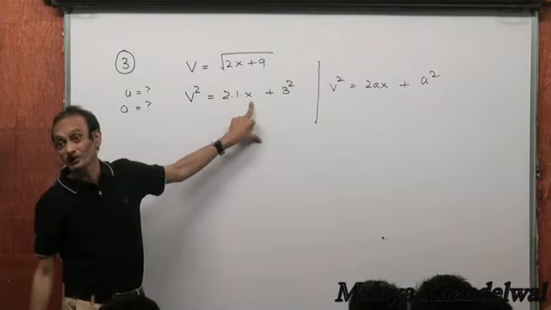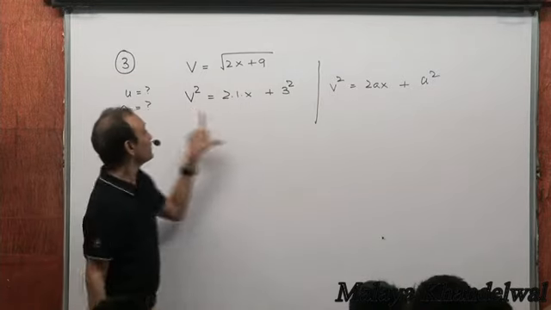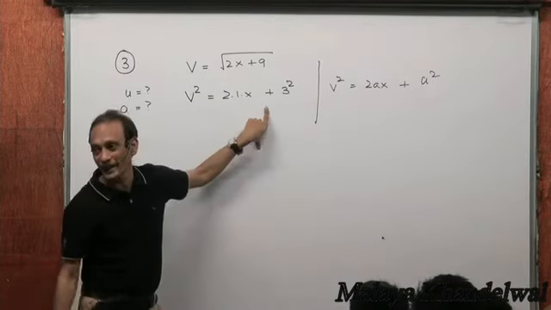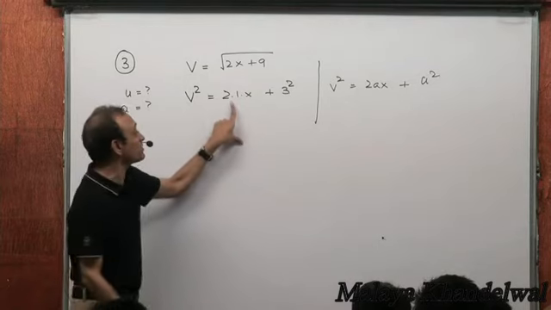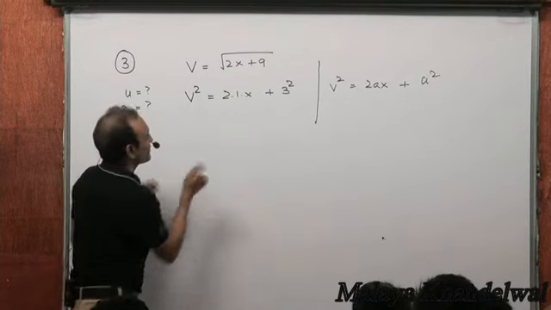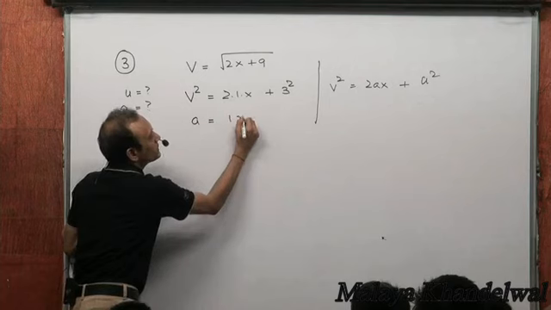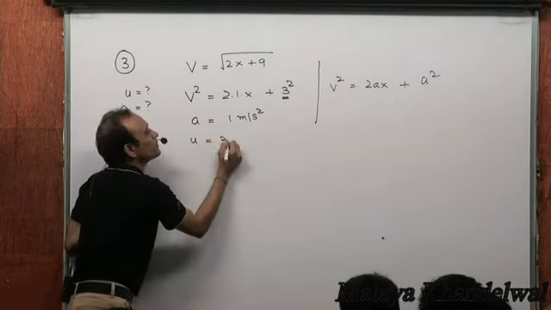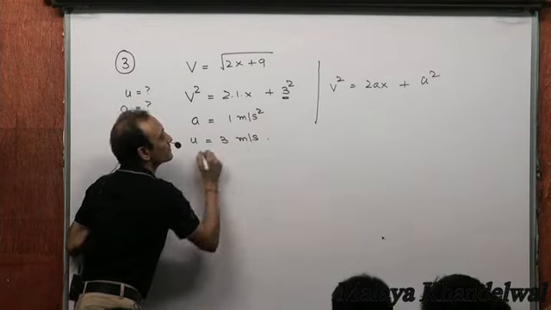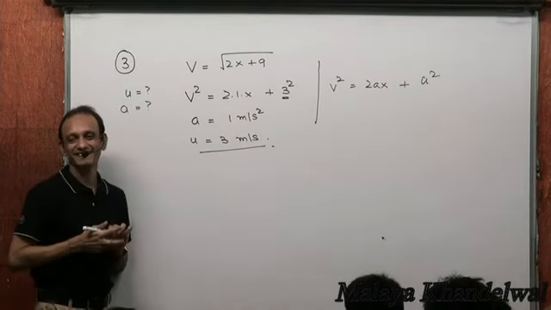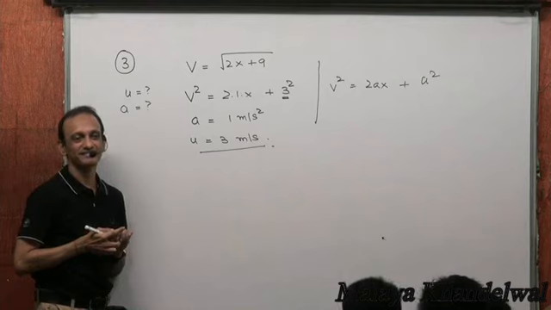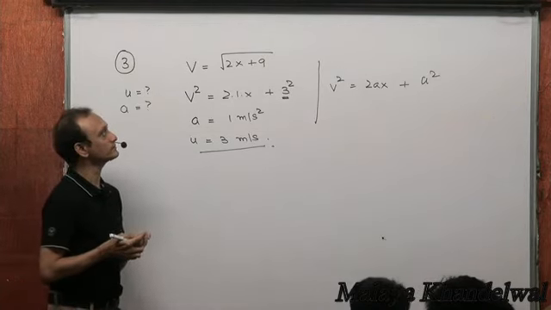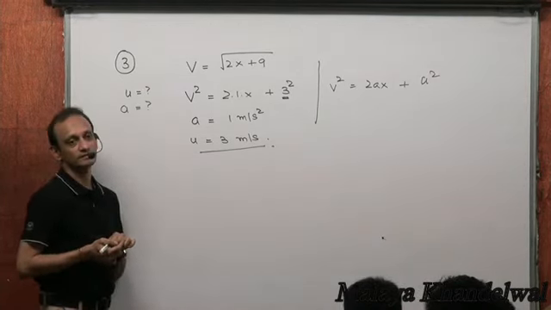It must be a case of constant acceleration, out of comparison. a must be 1 meter per second squared, and u must be 3 meters per second. Isn't it? Got me? Shall we proceed?